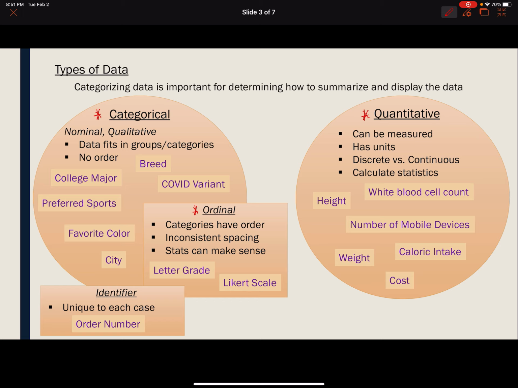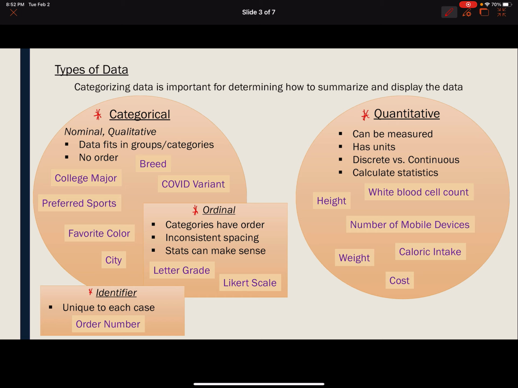And finally, there's the identifier variable. We had an example of this on the last slide. The movie name was unique to each case. It's still a categorical variable, but there's only ever one case in each category, and that's because the identifier variable is unique to each case.